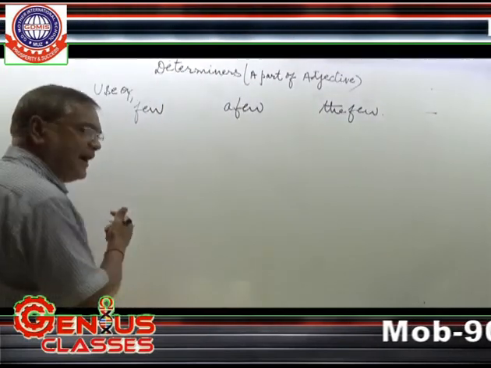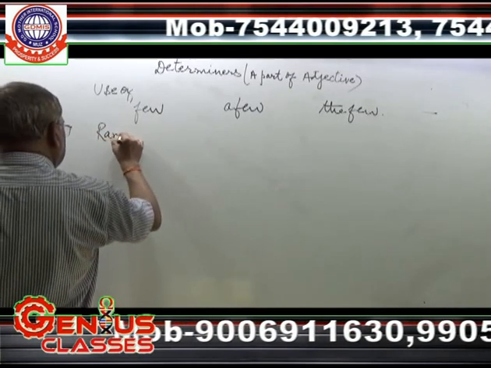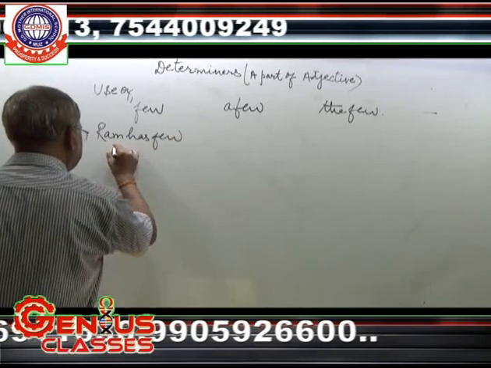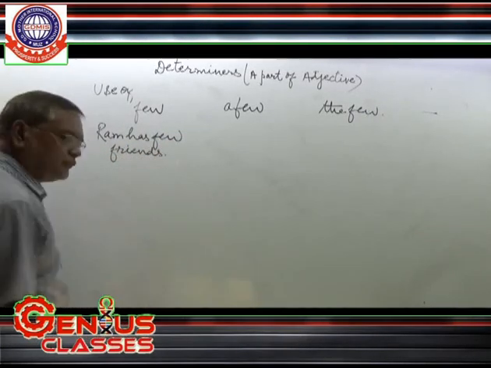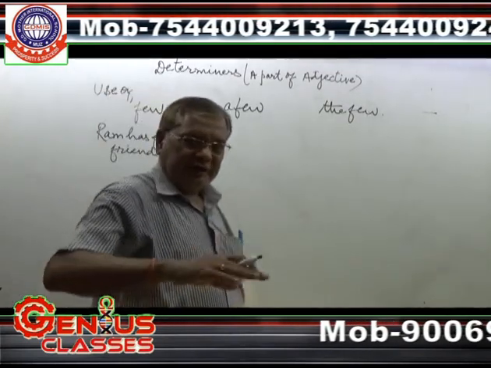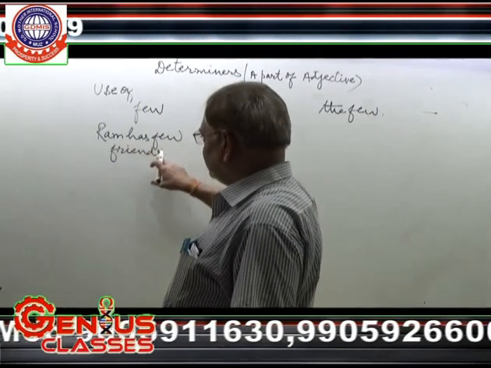So the examples can now be quoted, like Ram has few friends. So here few has been used, and friends can be counted.